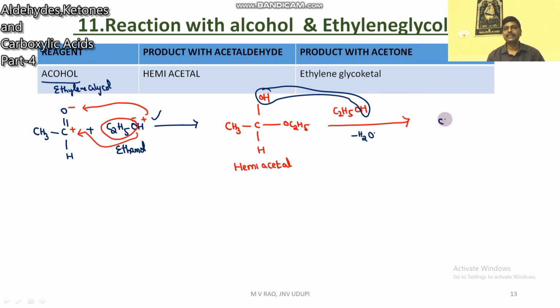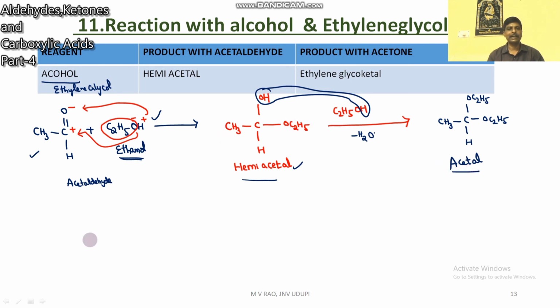Then the product is CH3CH(OC2H5)(OC2H5). This is called acetal. When acetaldehyde reacts with only 1 mole of ethanol, the product is hemiacetal. With 2 moles of ethanol, the product is acetal.